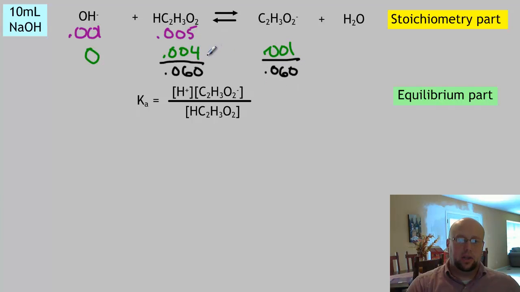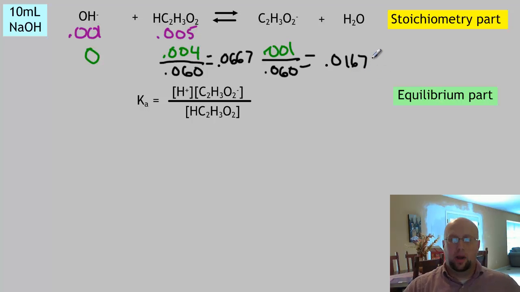And so once we calculate that out, for acetic acid, that's going to give us 0.0667. Hold on, let me redo that. Okay, so 0.0667, and then for the acetate ion on its own, we're going to get 0.0167 for molarity.